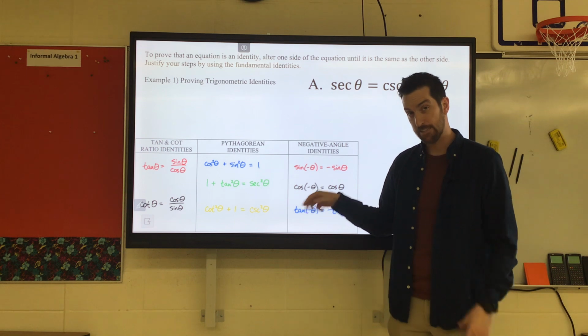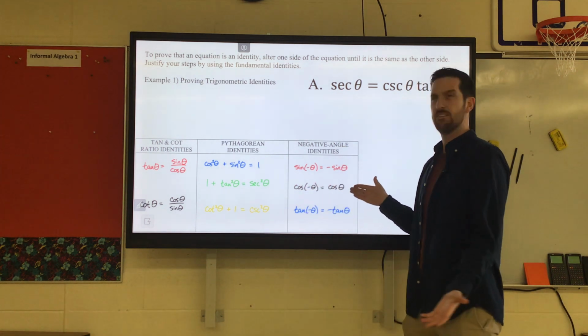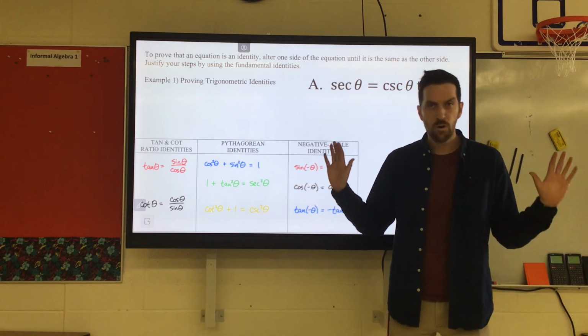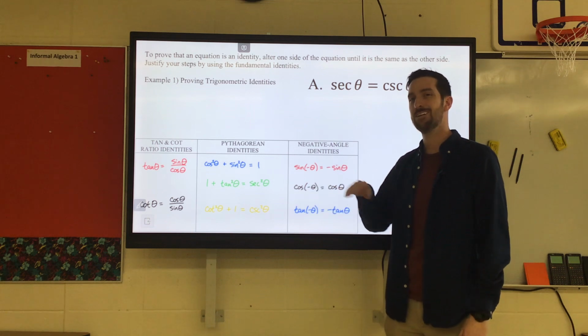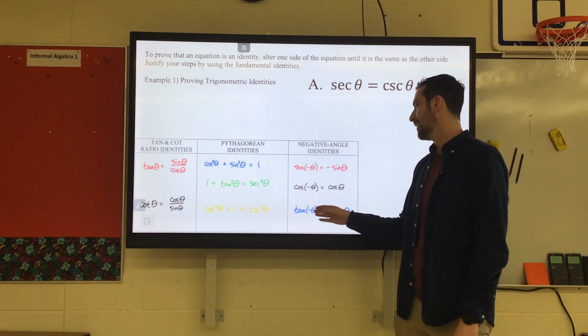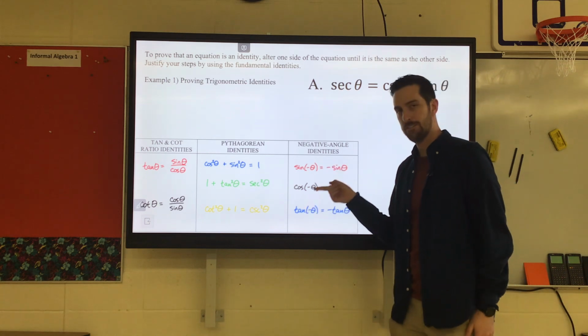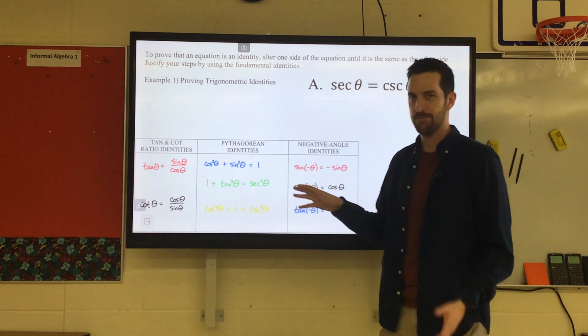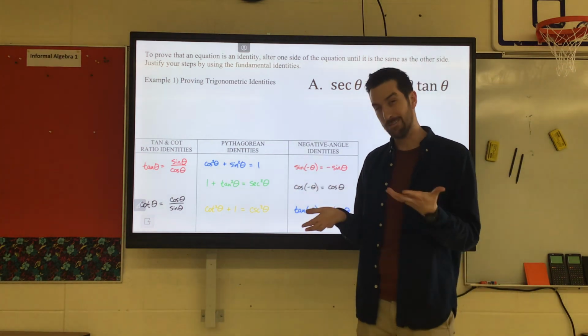Cosine is an even identity, so you'll see cosine of negative theta, all of a sudden the negative just vanishes. And that's the same for secant. If it's secant of negative theta, just get rid of the negative. And then tangent, you do kick it out in front. So sine and tangent, you bring that negative theta out in front. You'll see it's kind of nice. It's kind of like putting together a puzzle almost.